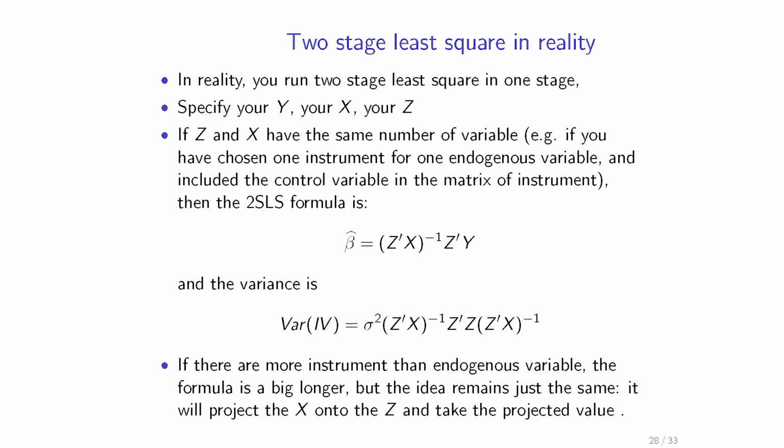And the variance is sigma squared (Z'X)^-1 Z'Z (Z'X)^-1. So this is a little bit bigger than in the OLS case. In the OLS case, we don't have these two, because we have (X'X)^-1 X'X (X'X)^-1, so these two go away.